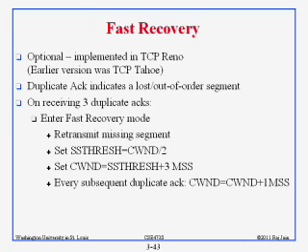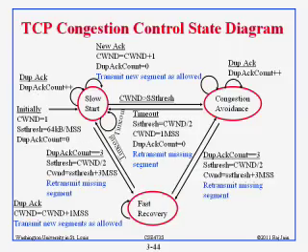And then you go up by 1 for every subsequent duplicate ACK. Well, every subsequent should be ACK, I think, not duplicate ACK. Basically you enter the linear phase. So this is how it works.